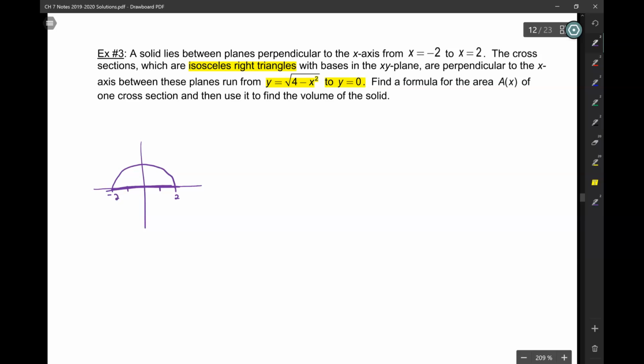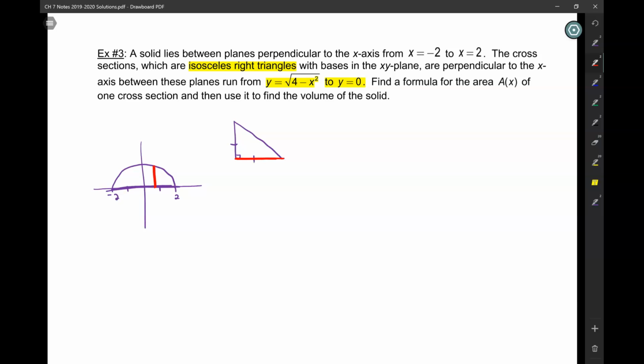The cross sections are isosceles right triangles. Isosceles right triangle with bases in the xy plane. Sometimes the hypotenuse will be in the xy plane. But now one of the bases is in the xy plane. It doesn't matter which base because they're identical. So notice I always highlight this and then highlight that so I know.